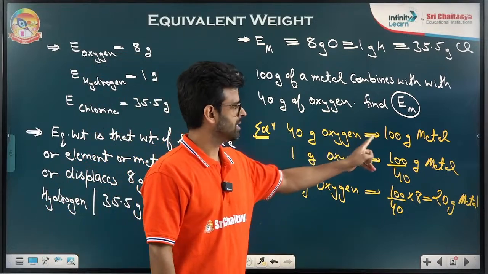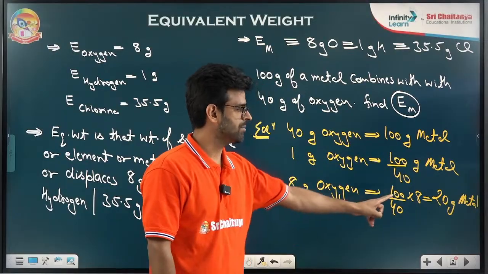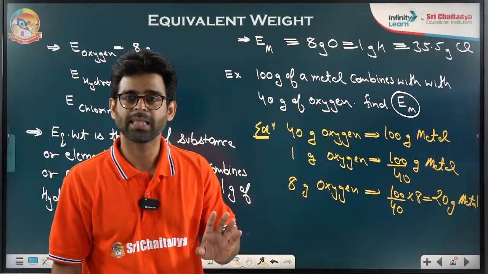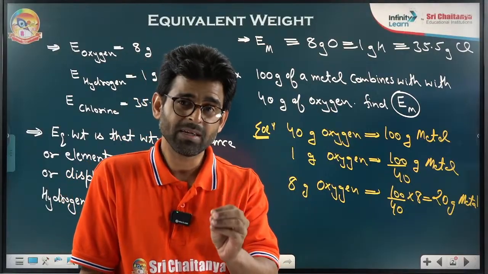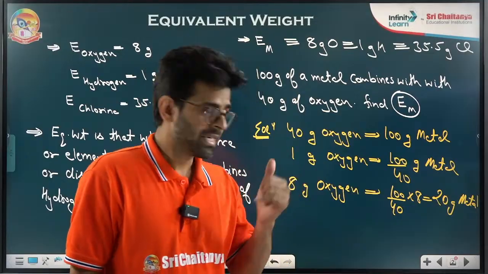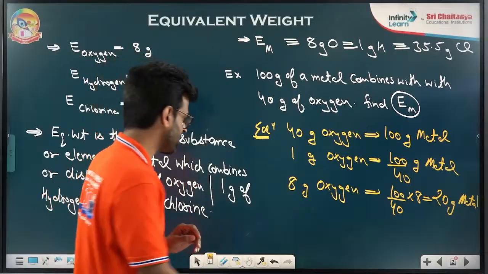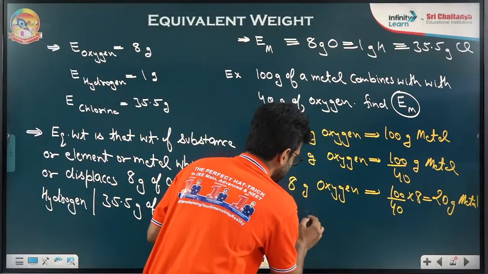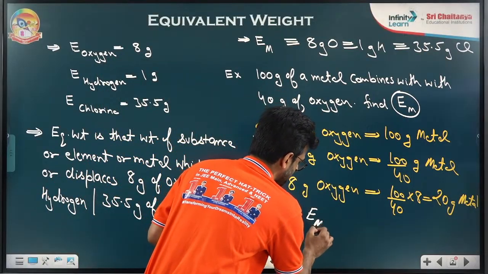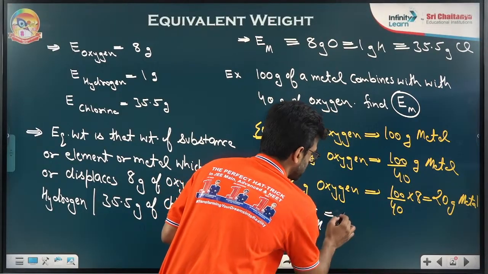40 gram oxygen is combining with 100 gram metal, so 8 gram oxygen combines with 20 gram metal. And that is the definition. Whatever amount of metal will combine with 8 gram oxygen will be our equivalent weight of the metal. So I can say from here very easily that the equivalent weight of the metal is 20 gram.